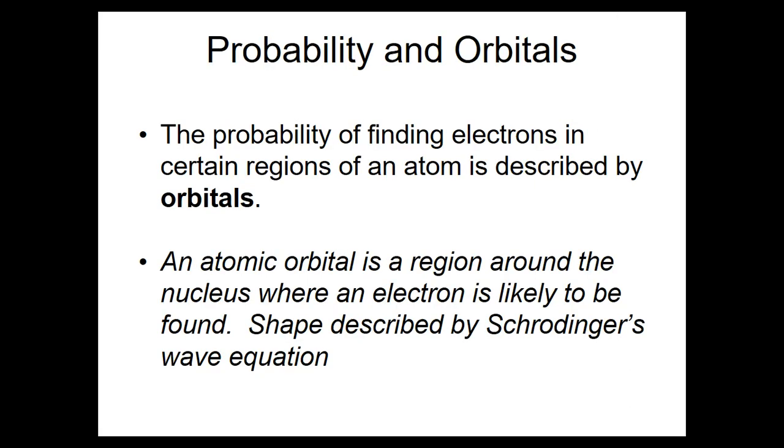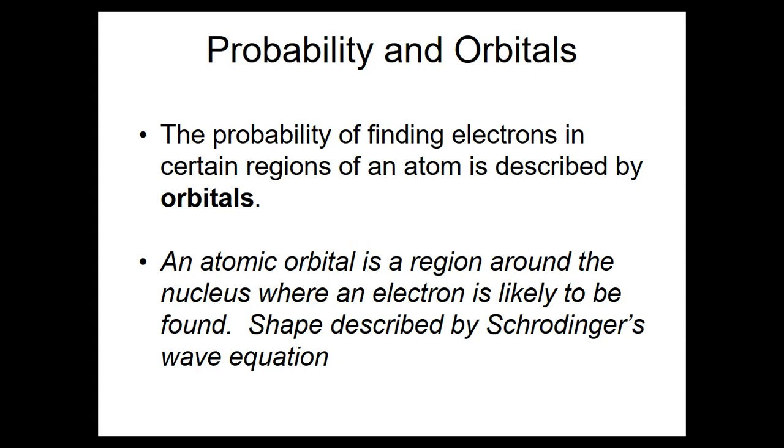So what we talk about with quantum mechanics is the probability. The probability of finding an electron in a certain region in the atom is described by an orbital. An atomic orbital is a region around the nucleus where an electron is likely to be found.